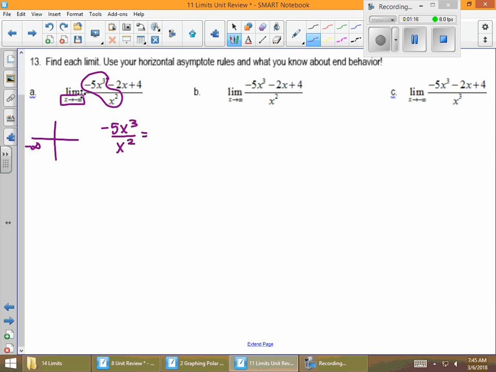So you guys know that is a top-heavy fraction, and so that means that you would have a slant asymptote. So a top-heavy fraction, really you can work through reducing this, and this reduces to a line. If we do x cubed divided by x squared here, this would really reduce to negative 5x over 1. And that's the end behavior model that we're going to be talking about.